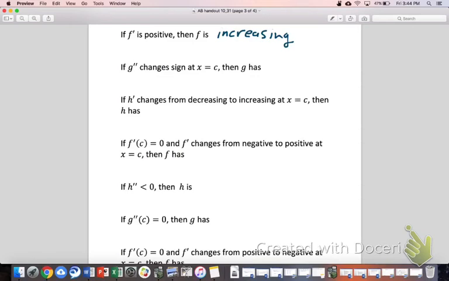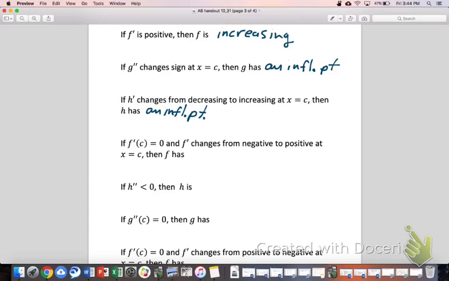Next one, if g double prime changes sign at x equals c, then g has an inflection point at x equals c. Next one, if h prime changes from decreasing to increasing at x equals c, then h has an inflection point again. Same thing, just defined differently. All right, moving on.